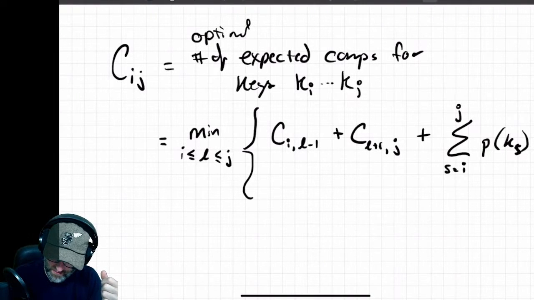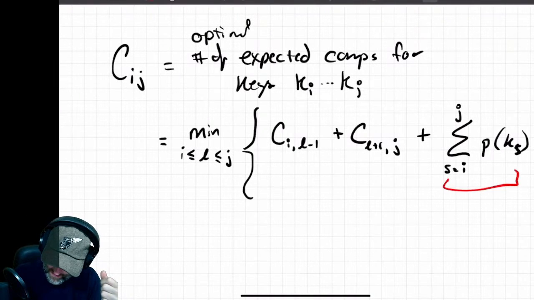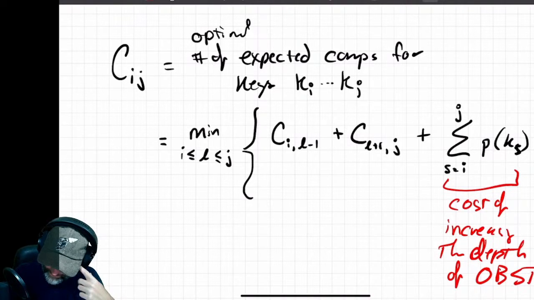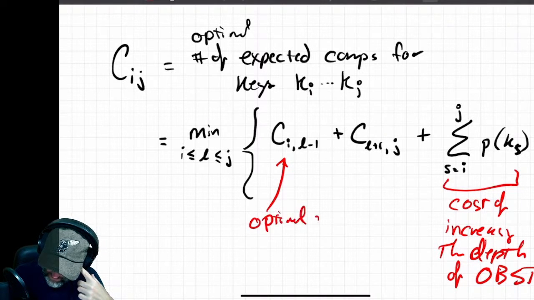So again, I'll annotate this. This is the cost of increasing the depth of the optimal binary search tree. This is the optimal cost of keys Ki through Kl minus 1.